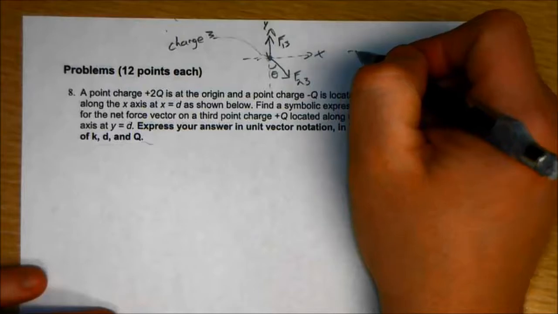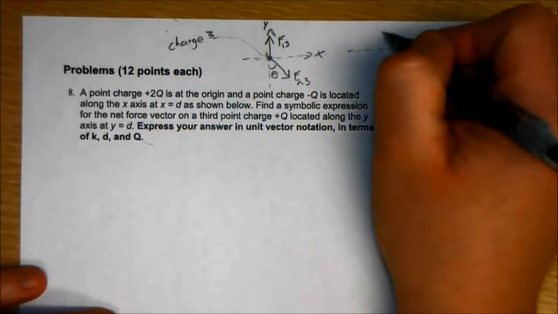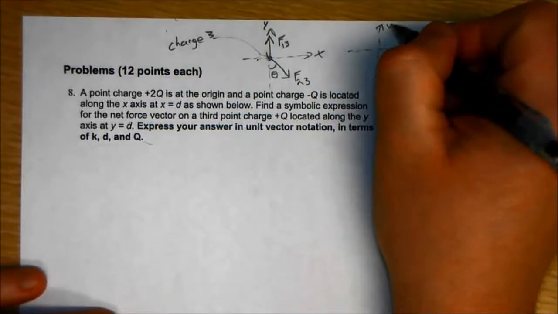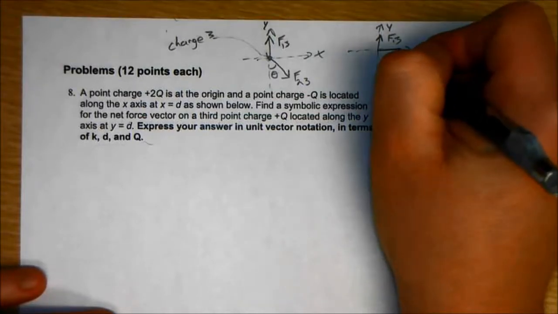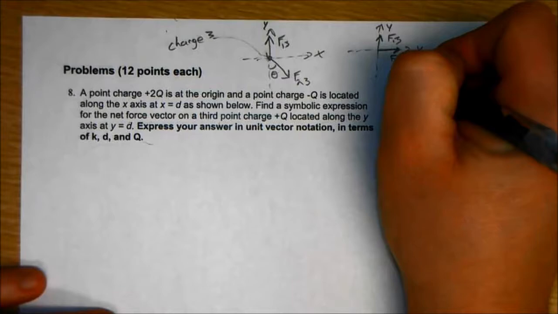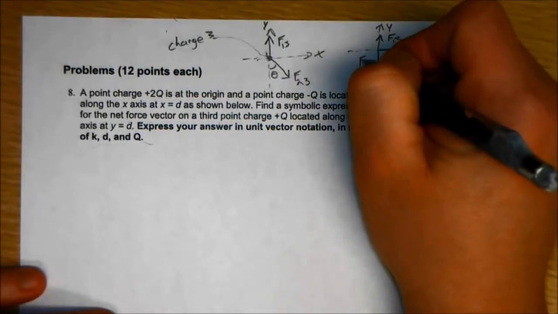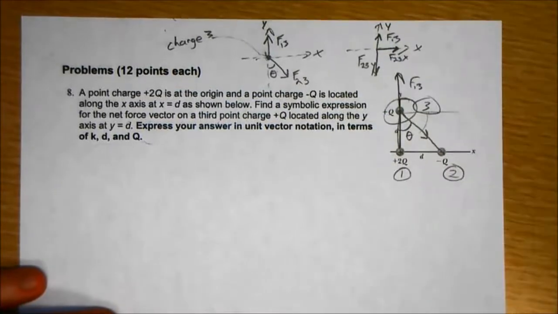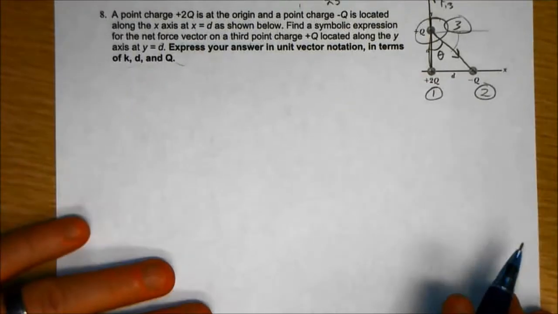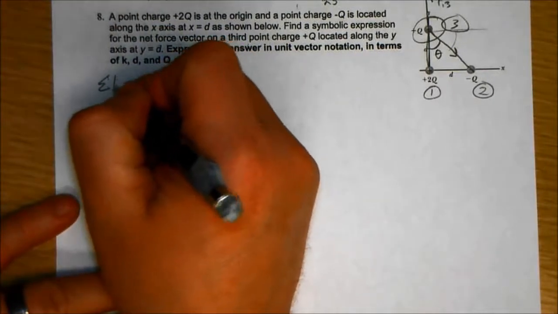Okay, so let me draw another free body diagram, as is the custom. F13. This is going to be F23x and F23y. So I have 3 force components I have to add. So let me go to my usual table.